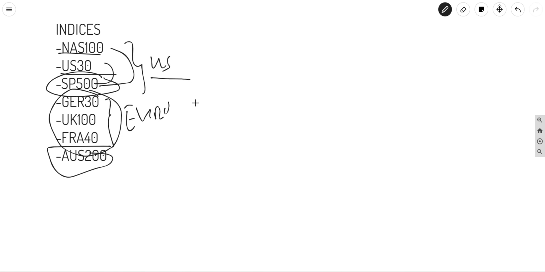So their volatility time depends on the time. I'll start with US based, where we have NAS100, US30, and SPX500. The time frame that I'll be using is GMT+2, South African time.